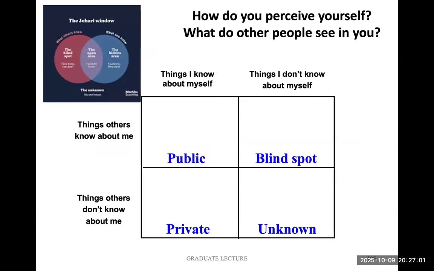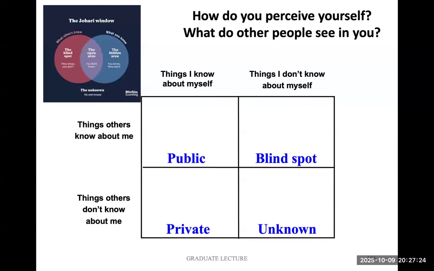You find out from the Johari window that there are things you know about yourself and the public do not know about them. There are some things the public know about you and you do not know about yourself. There are things both you and the public know.